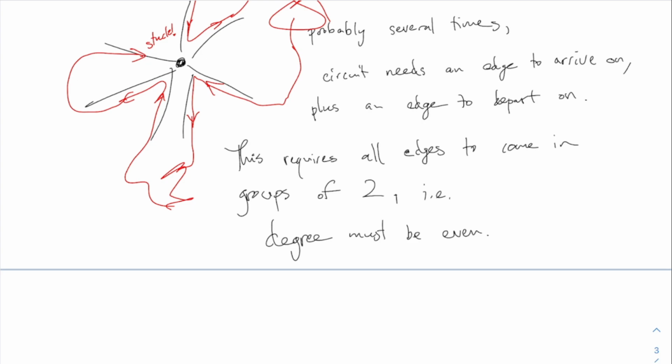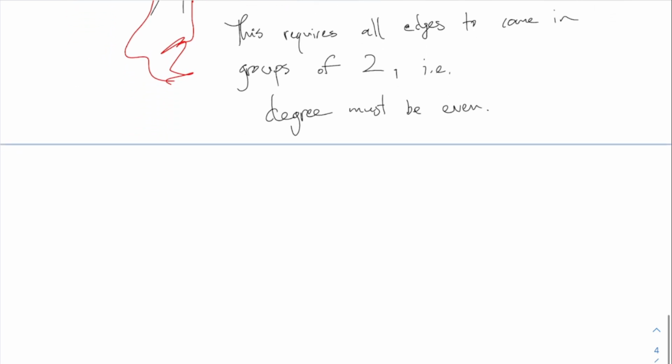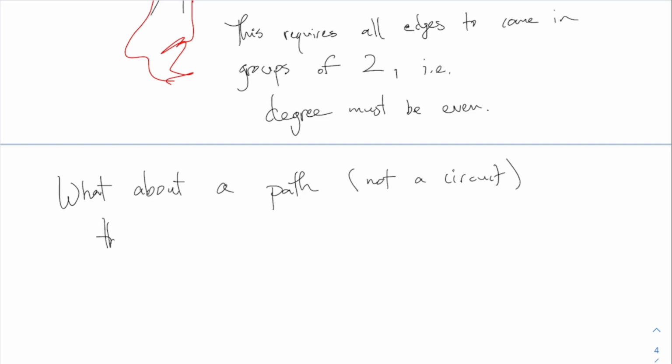Now, slight variation. I said it's important to understand this a little bit, because if you understand why it's true, this will allow you to handle slight variations of the basic situation we're talking about. I would like to think about a path, not a circuit, that uses every edge once.